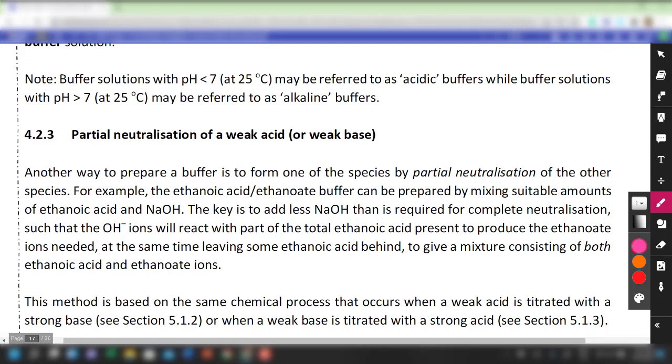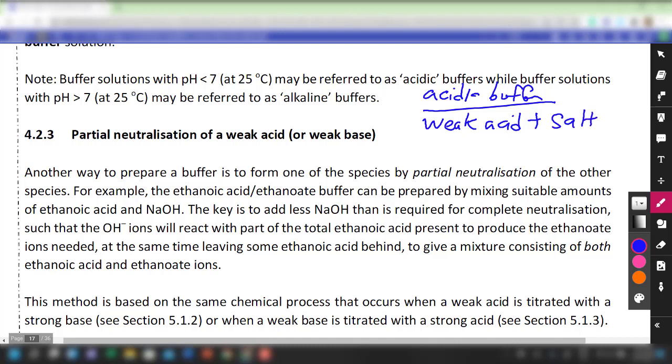Maybe I'll just use the small space here to write down. Let's say I want an acidic buffer. We need the weak acid, and then we can artificially add in the salts, like what we did just now for ethanoic acid, where we added solid sodium ethanoate.